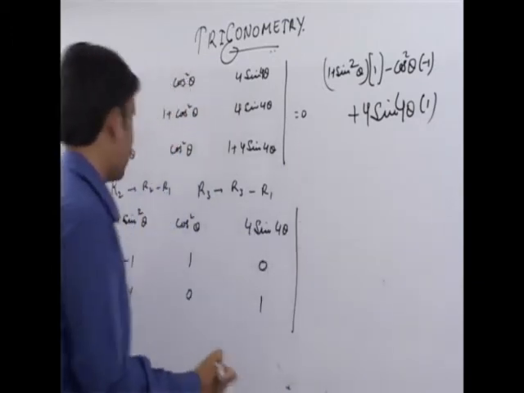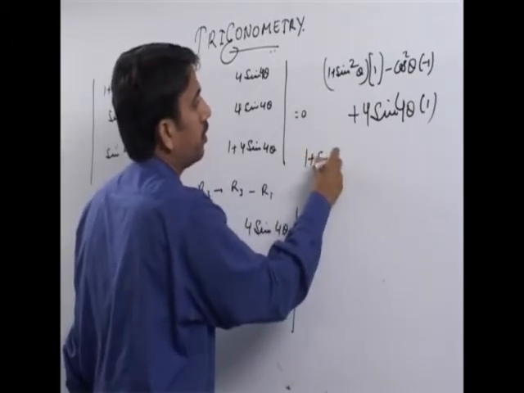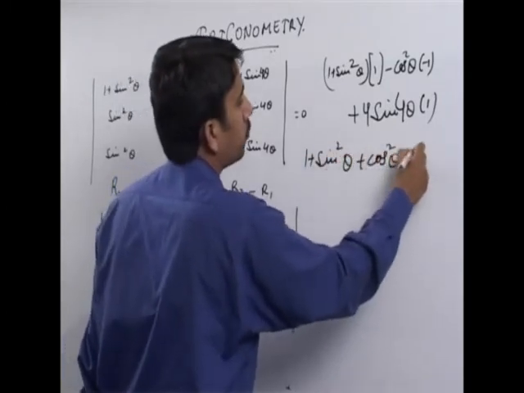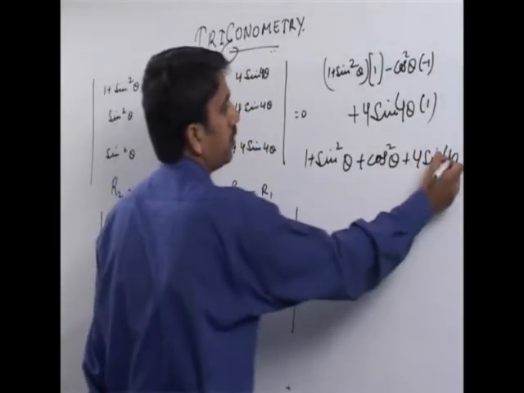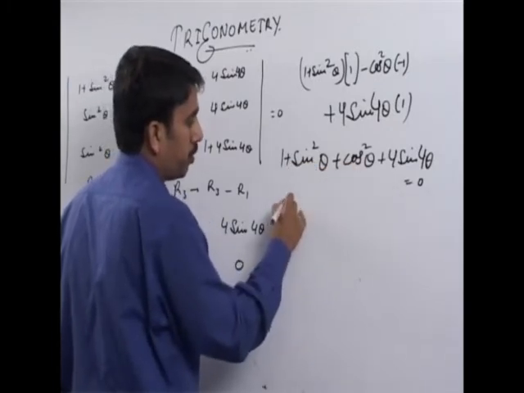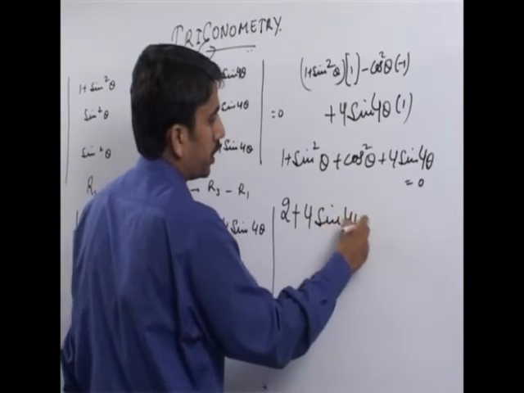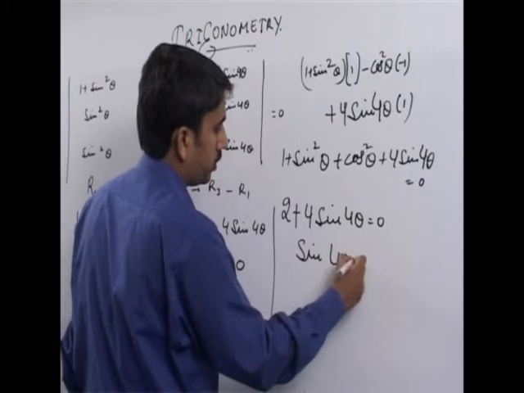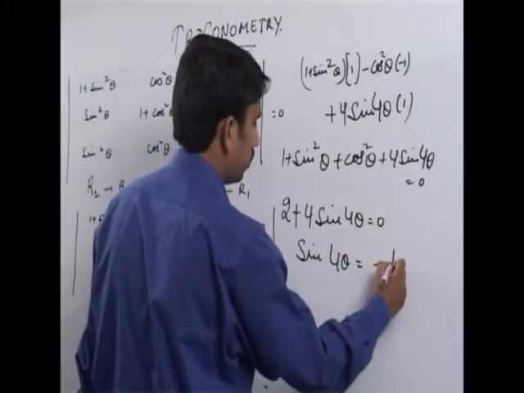So ultimately you are left with 1 plus sine square theta plus cos square theta plus 4 sine 4 theta equal to 0. Sine square theta plus cos square theta is 1, so 1 plus 1 is 2. 2 plus 4 sine 4 theta is equal to 0, and sine 4 theta is equal to minus 1 by 2.